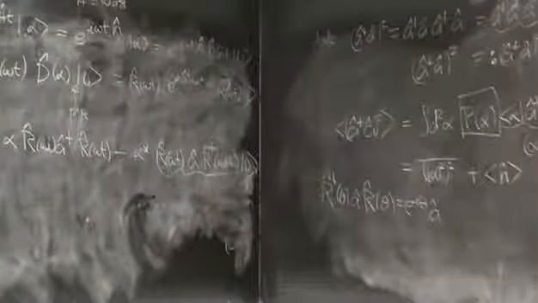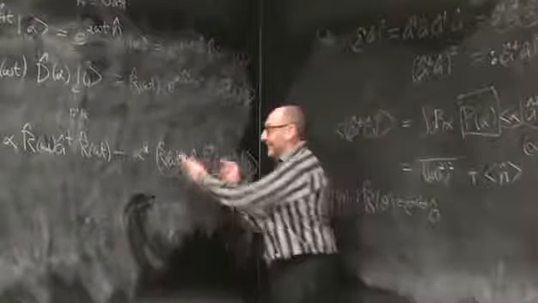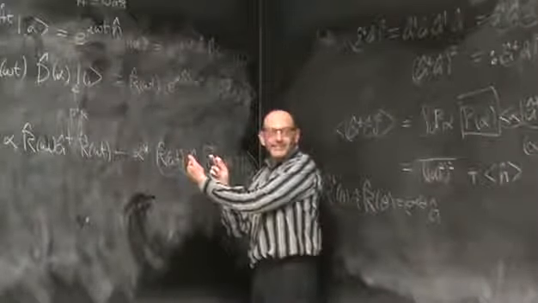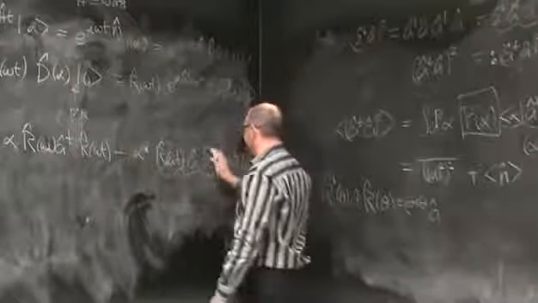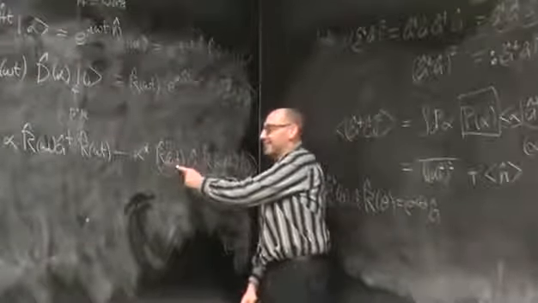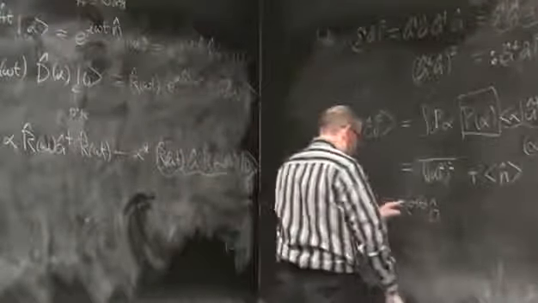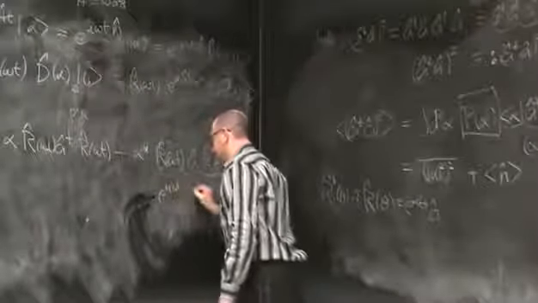That's e to the i omega, e to the plus i omega t, right? Because you got the dagger in the wrong place. So you put the dagger here, you make that minus. The dagger, you put that minus. And then this is minus. So that minus cancels that minus.